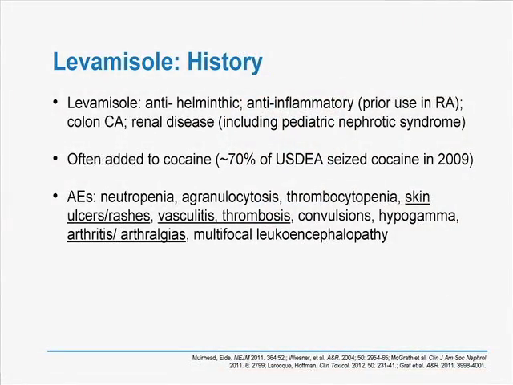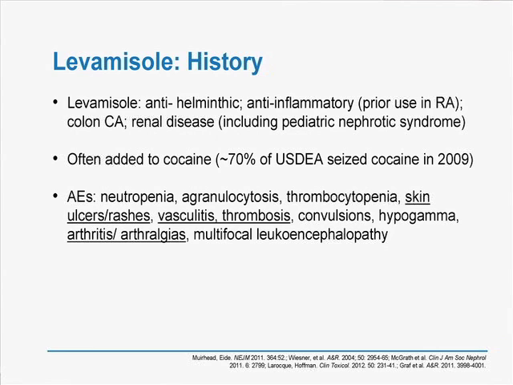Now, what about the levamisole story? Actually, levamisole is a very interesting drug. It's been used in many different settings. It's an antihelminthic. It has anti-inflammatory properties, and because of that, it has been used in diseases such as rheumatoid arthritis. It also has anti-cancer properties, so it's been used to treat colon cancer.